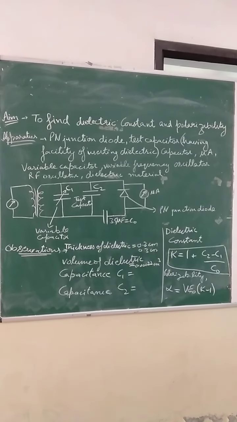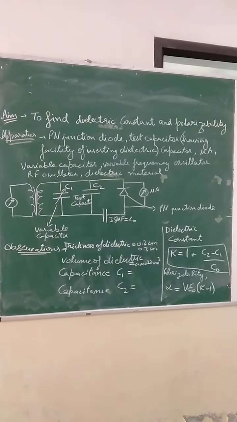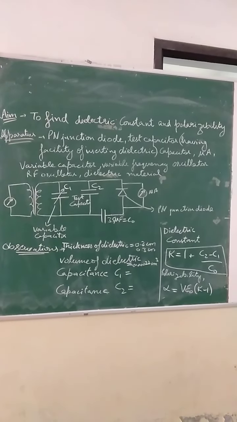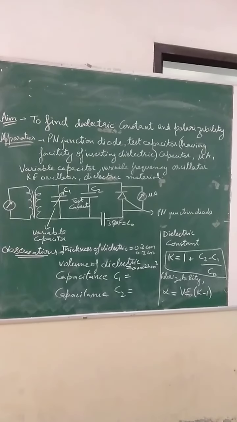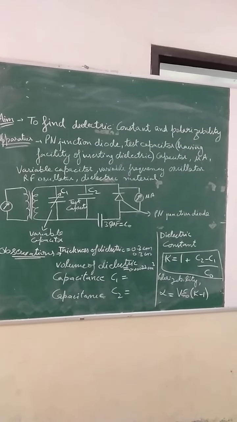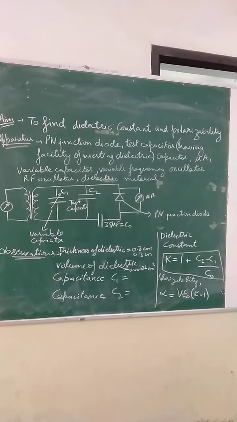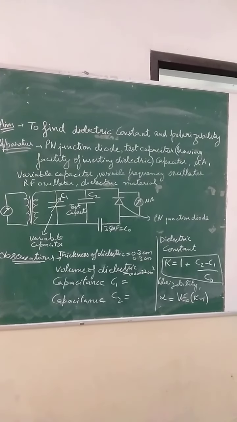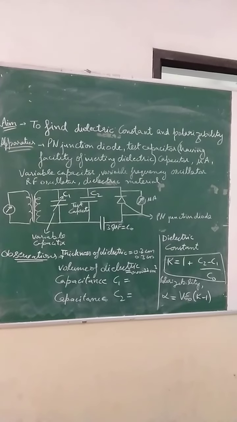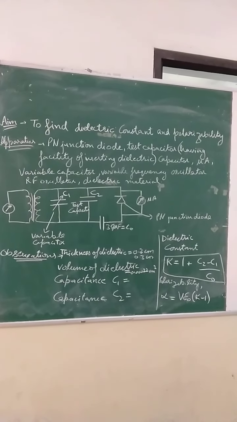So here I am having an input source from where input is provided to the capacitor C1. C1 and C2 should be parallel, and the known capacitor's value, which is 35 microfarad, is in series from the input source, and there is a PN junction diode.